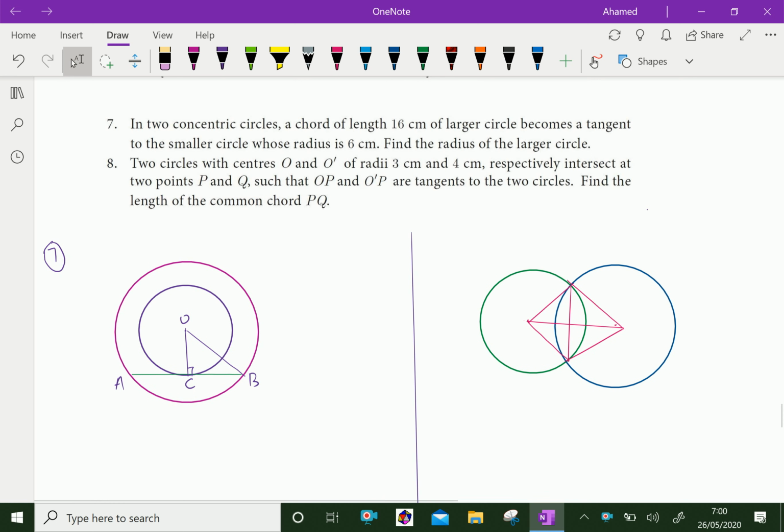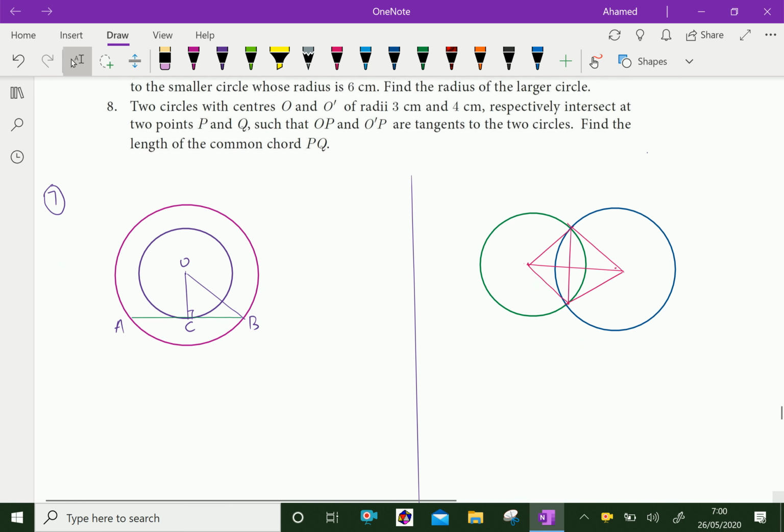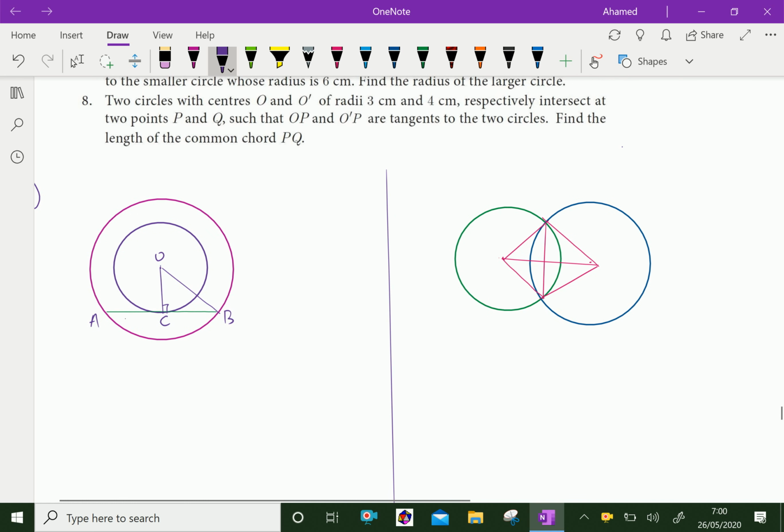Also given the chord length AB is 16 centimeter, so AC and CB are equal, which is 8 centimeter, and this OC is 6 centimeter.